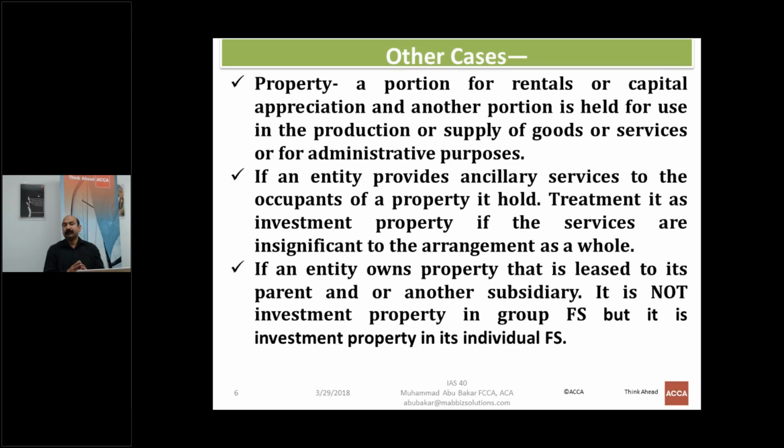I mean, if we cannot sell those portions separately, or if we cannot rent out those portions under finance lease separately, then if the owner-occupied portion is insignificant, only then will the whole building be treated as investment property. Otherwise, this building will be treated as owner-occupied property.